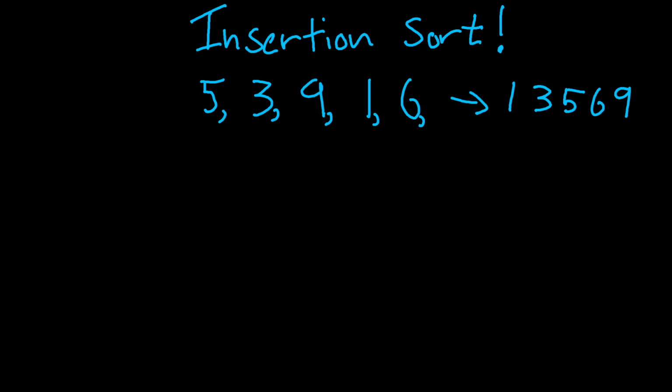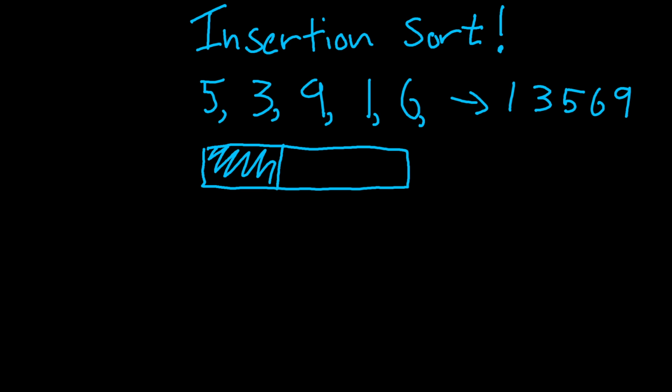Now, there's a lot of different ways to accomplish this goal. Insertion sort, now if I draw out my array here, what it's going to do is keep the front part of the array sorted. So let's say this is the sorted part as it's working. Then we have our next value here. It's going to look for where this should go in the sorted portion and move values down accordingly.